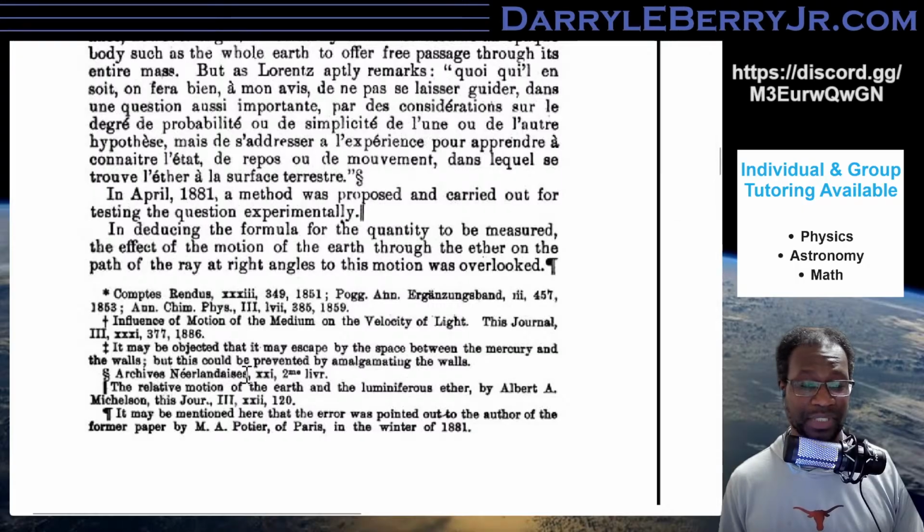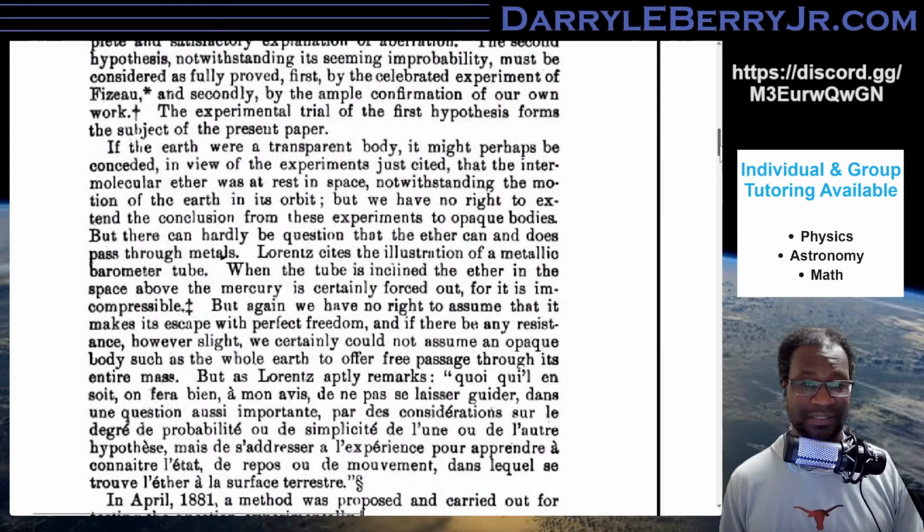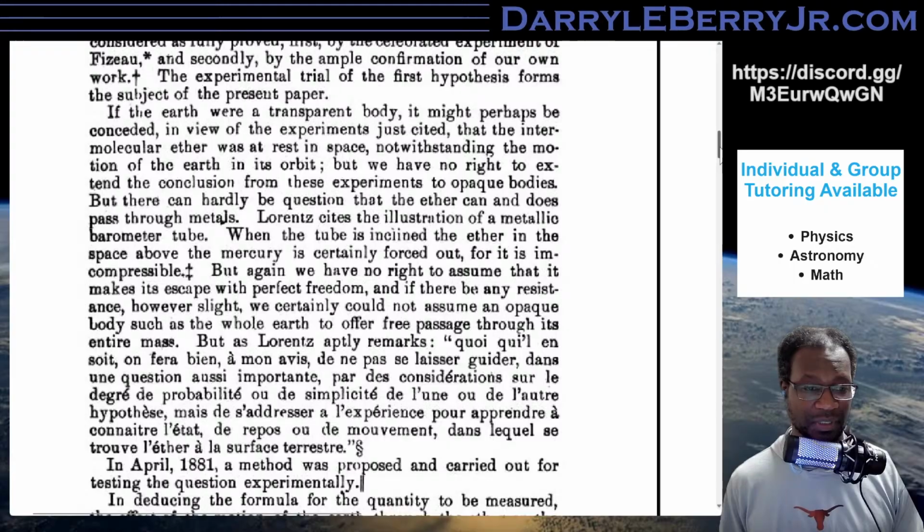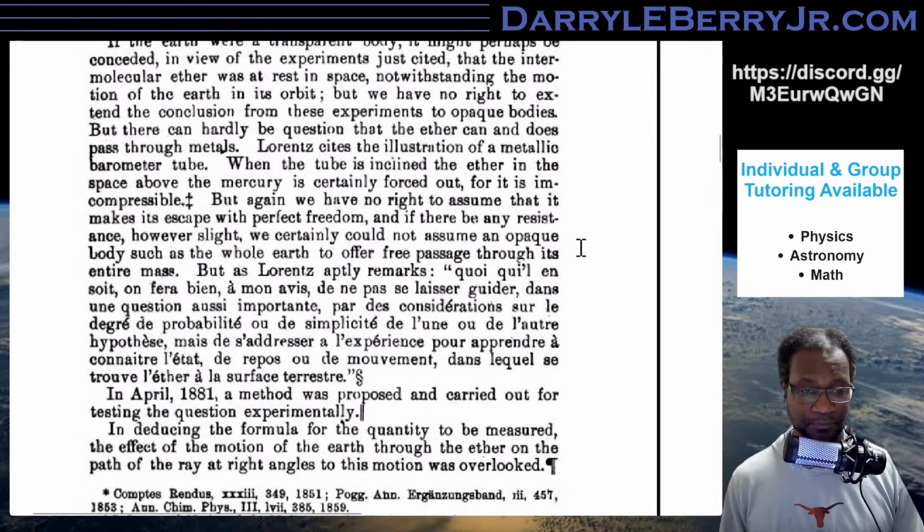And he says it may be objected that it may escape by the space between the mercury and the walls, but this can be prevented by amalgamating the walls. So probably this is some experiment or some idea about ether and what it would look like in tubes. "But again, we have no right to assume that it makes its escape with perfect freedom. If there be any resistance, however slight, we certainly could not assume an opaque body such as the whole Earth to offer free passage through its entire mass." The idea that the ether should be slowed down by the Earth, it seems like.